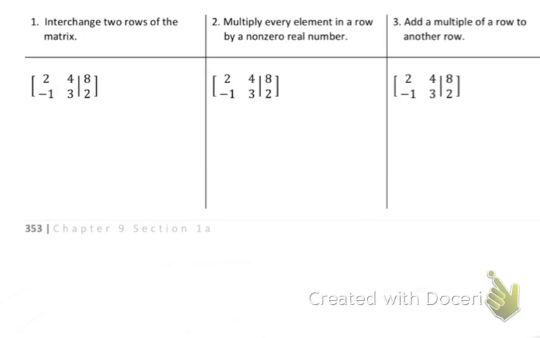So we can interchange 2 rows. That means I'm just going to flip the 2 rows. So if I have 2, 4, 8 on top, we're just going to put it on bottom. So we're just going to flip the location of both of these things. And then it'll be 2, 4, and 8.